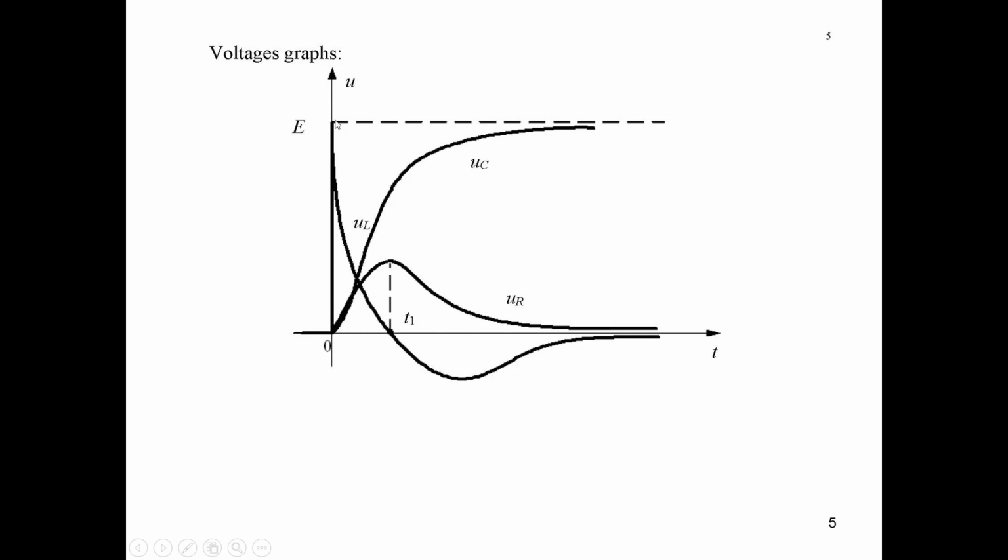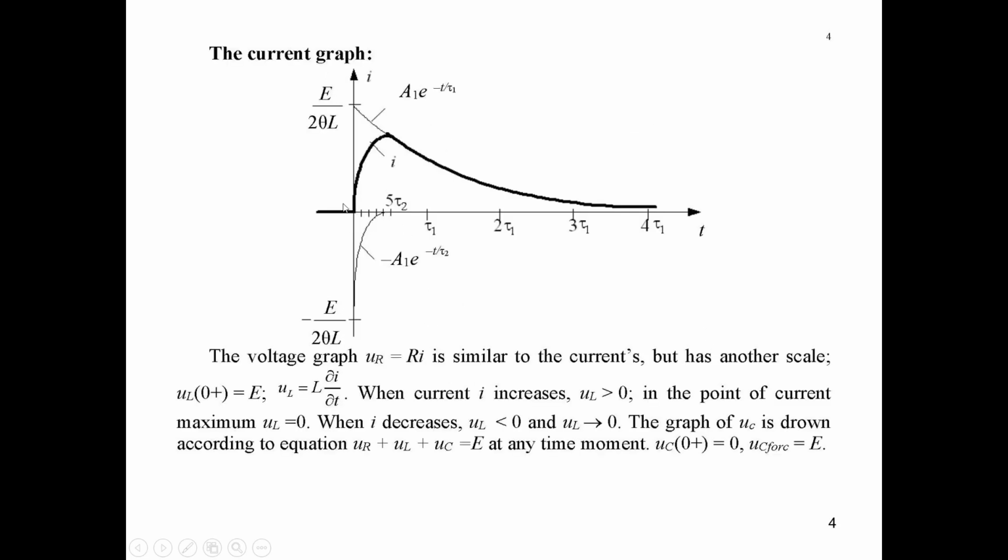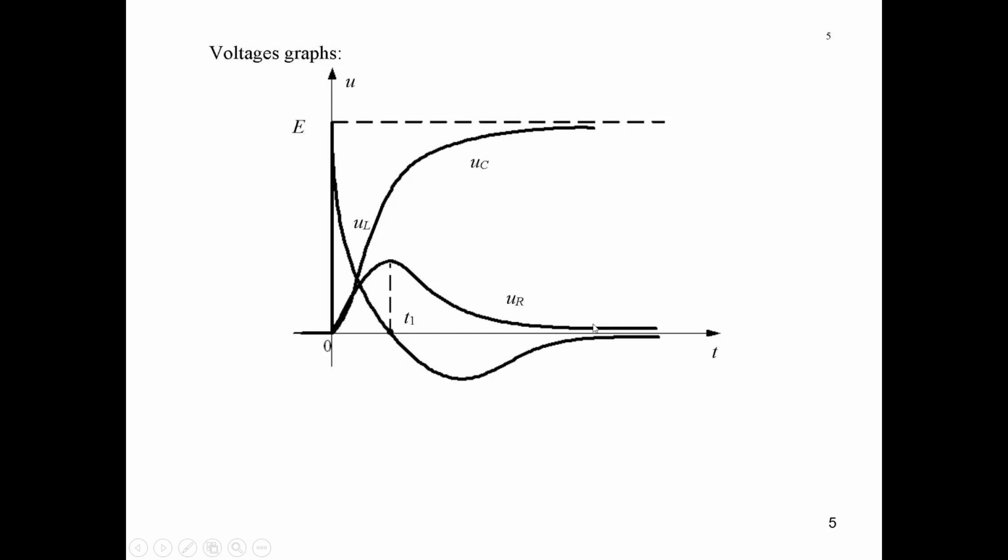At the first moment it will be equal to this EMF, because it is necessary to maintain zero current through the inductance. UL will tend to 0 when t tends to infinity.